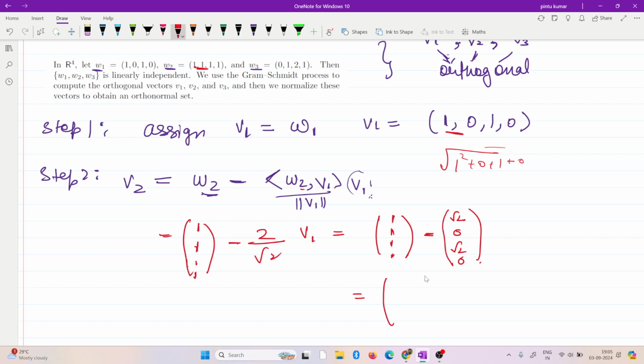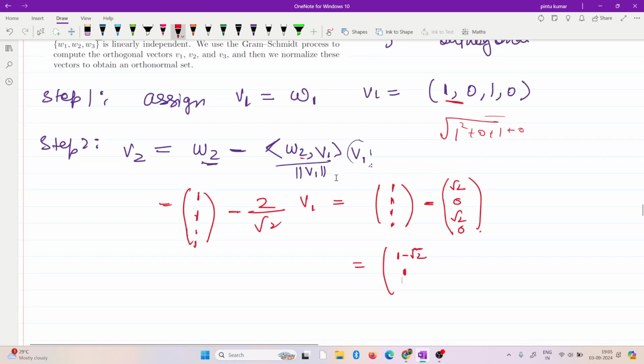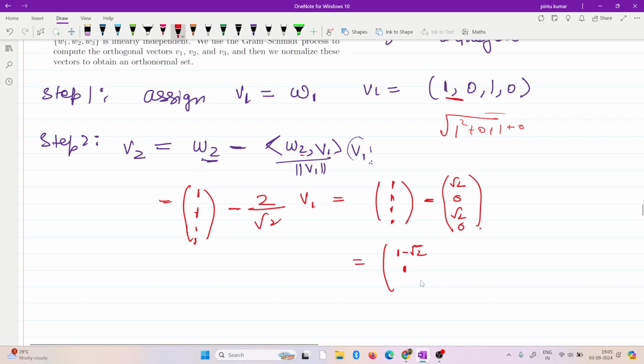This is 1 minus root 2, then 1, then again 1 minus root 2.